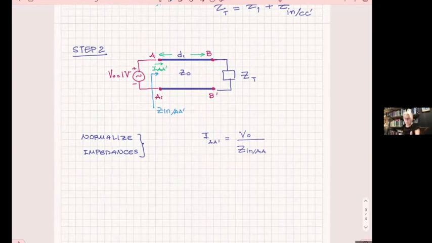On the Smith chart, we find everything normalized. To find the not normalized value, you take the normalized, you multiply it by 50. Okay?